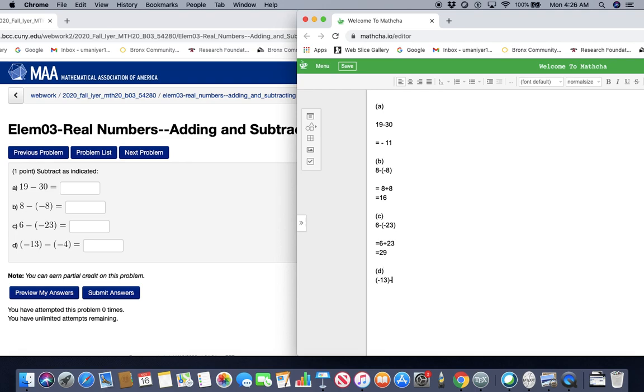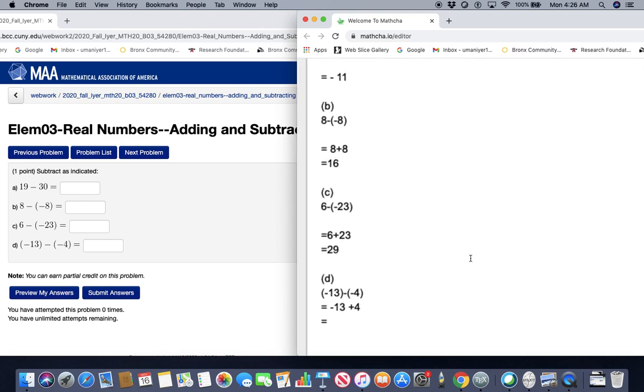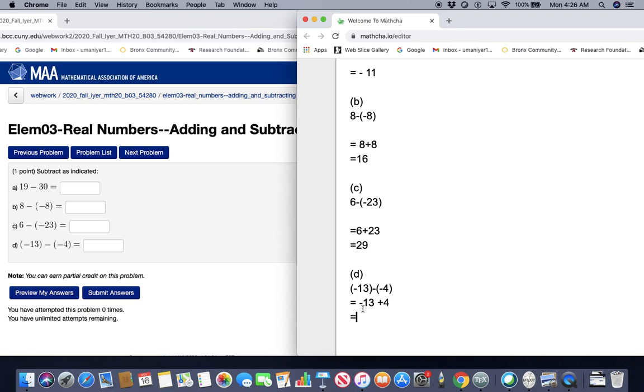Negative 13 minus negative 4. So the first one is simply negative 13 minus negative 4. That's a plus 4. So what happens here? You see, I am in the red $13 and I gain $4.